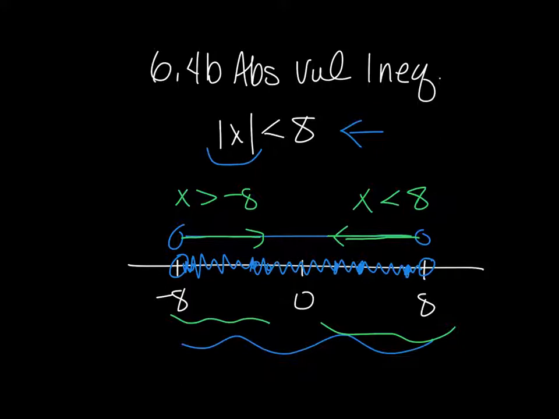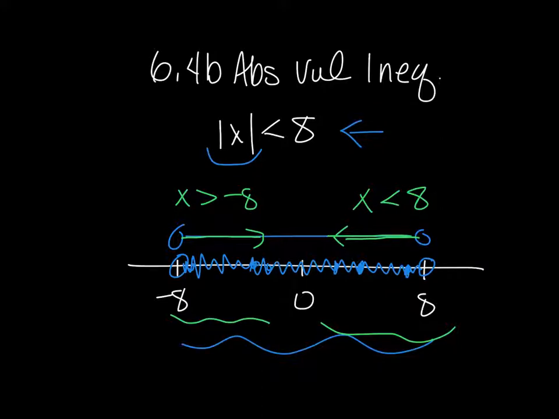So let's look at what that means with our original. Our original said the absolute value is less than 8. Well, that actually matches this one, but it doesn't match this one. So we did the -8 like we usually do with absolute value, and then the sign had to switch, which makes sense because what's bigger and smaller switches in the negative world.